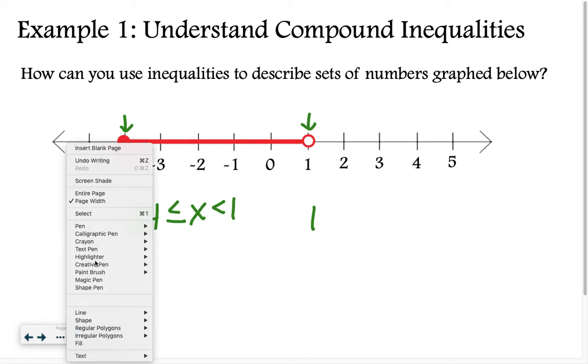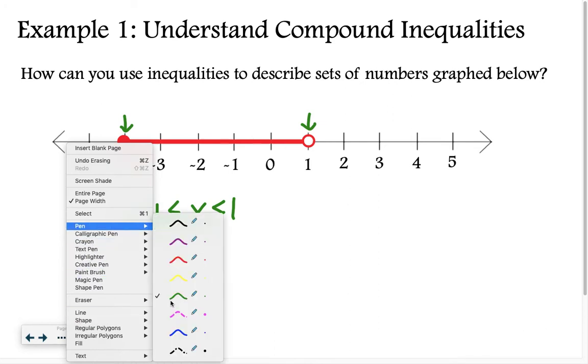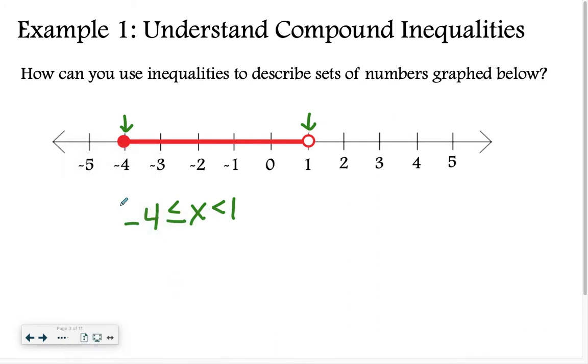You can write that as -4 is less than or equal to x, and x is less than 1. This is one possible answer for that compound inequality.